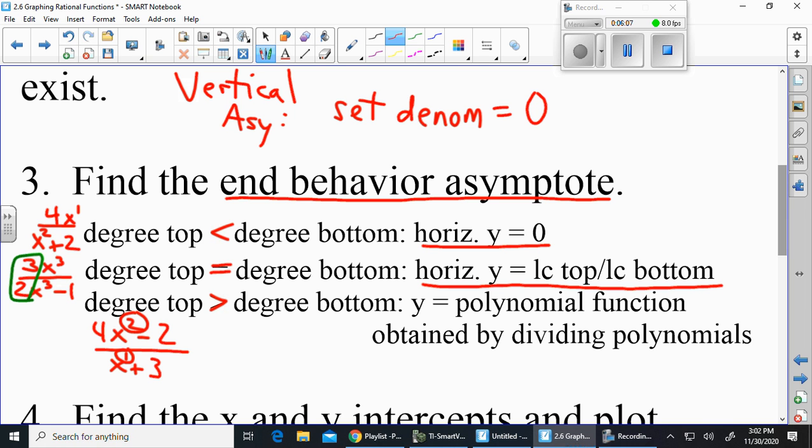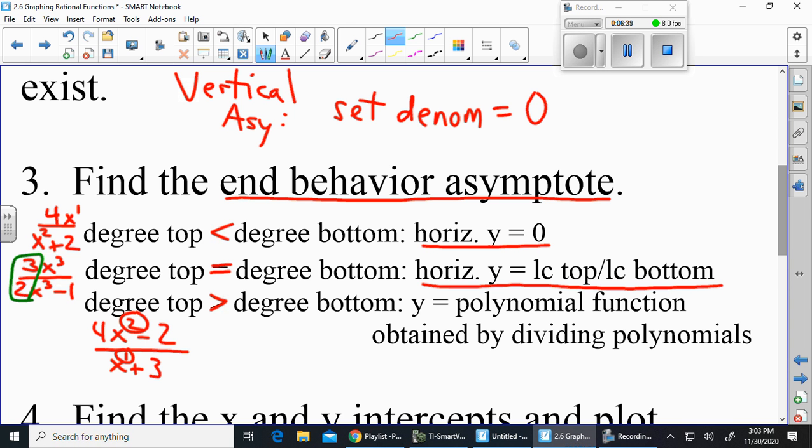However many degrees the top is bigger than the bottom is really telling you: is it a line? Is it a quadratic? Is it a cubic? Like you could see with this, that's a 2, that's a 1. It's 1 degree larger, so it's going to be linear. 2 degrees larger, it would be a quadratic, etc. So, vertical asymptote: bottom equal to 0.